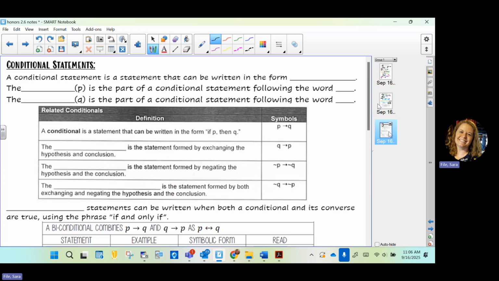A conditional statement is simply a statement that can be written in the form if P, then Q. We said we use letters to represent statements, so P is some statement and Q is some statement. Can I make it 1 and 2? No, because you need to know P and Q. We use P and Q in all of them.